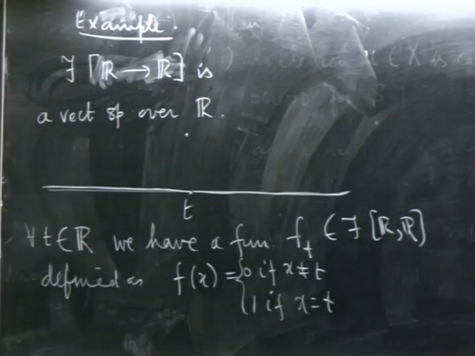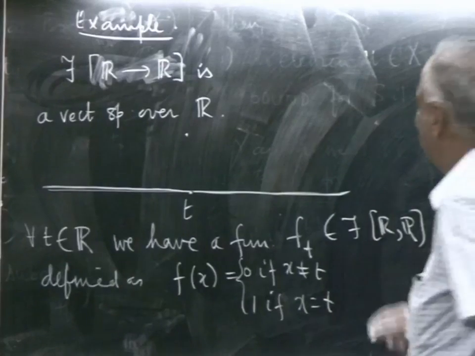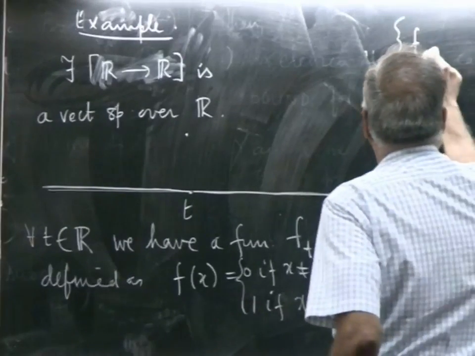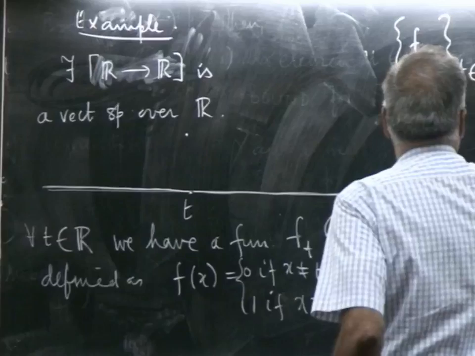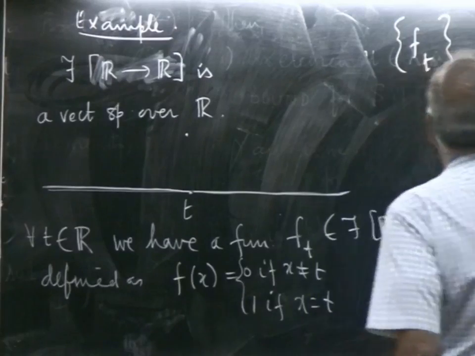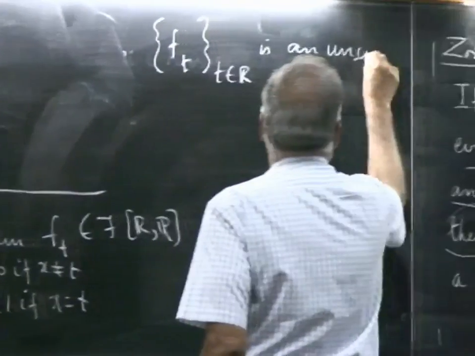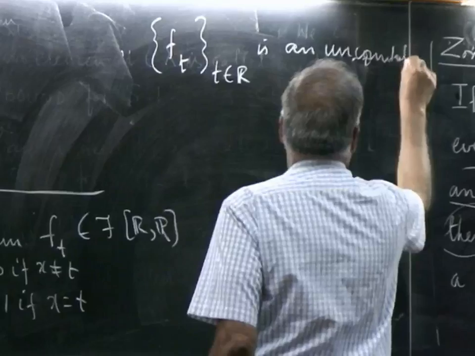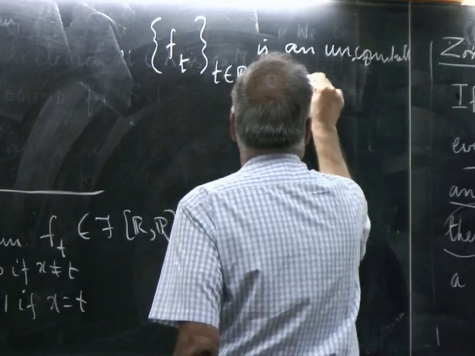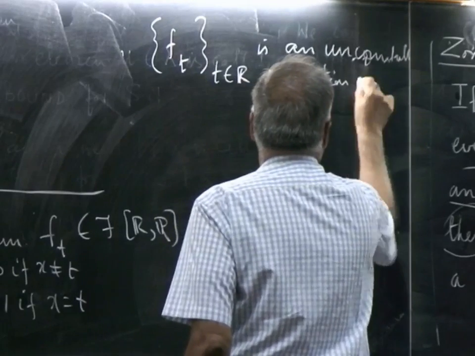Now you see how many such functions there are? As many as there are real numbers. Corresponding to every real number I have one switch. So the collection of f_t as t varies over R is an uncountable collection of vectors.